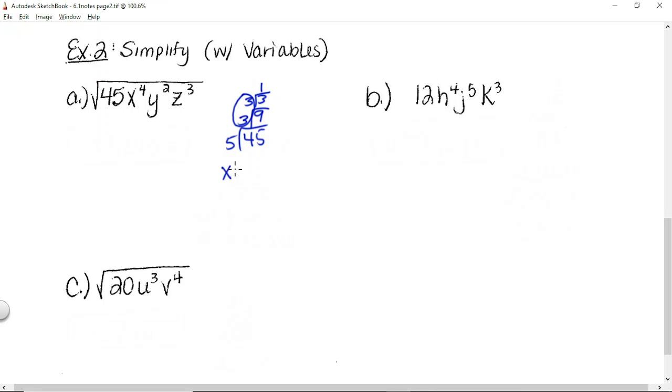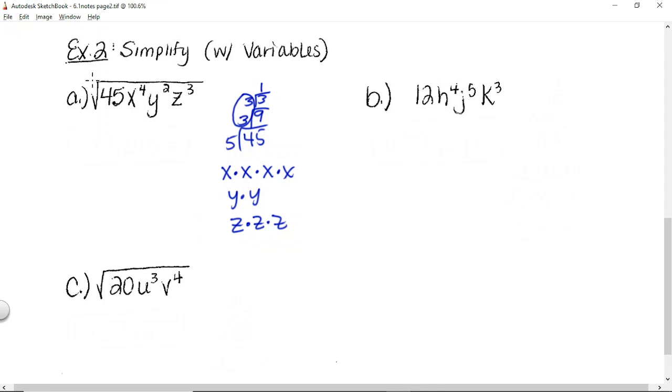Well, what's the factors that makes x to the 4th? x times x times x times x, 4 of them. Okay, and we have y squared, y to the 2nd, so that's y times y, and we have z times z times z. Okay, so we look for pairs in those factors.